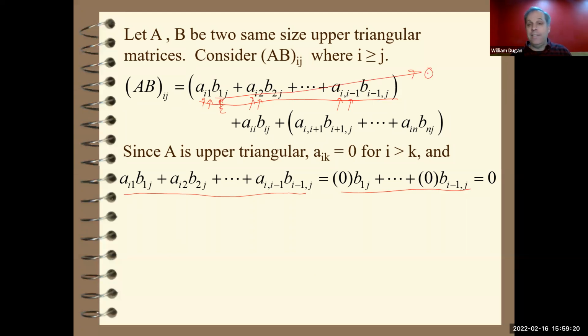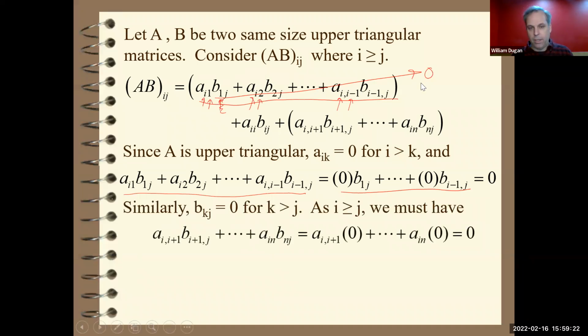Look at the second grouping I've made for you. Here, similarly, because B is upper triangular, then b sub kj is going to be 0 whenever k is more than j, because that's the definition of what it means to be upper triangular. But then since i is more than j, this is more than that.